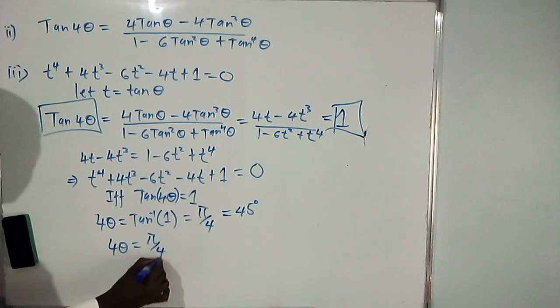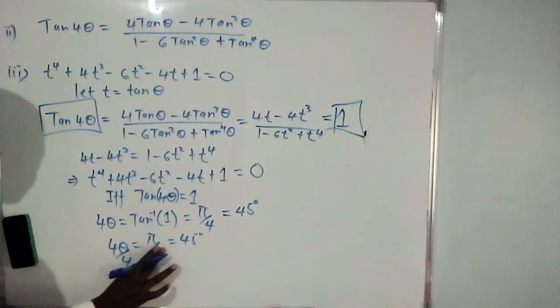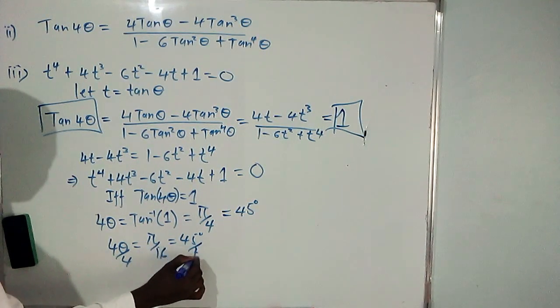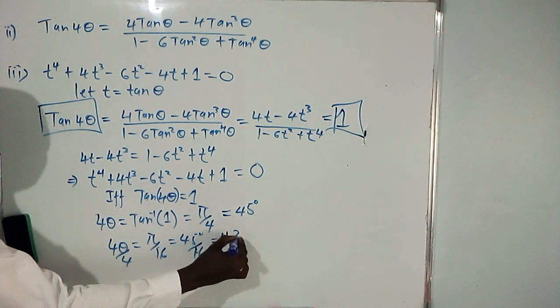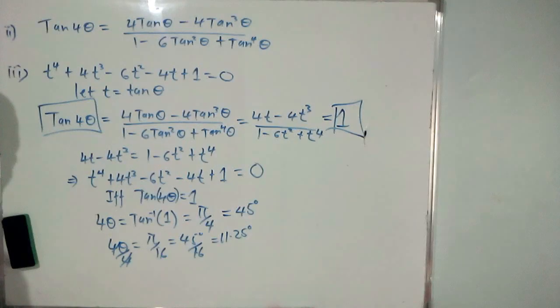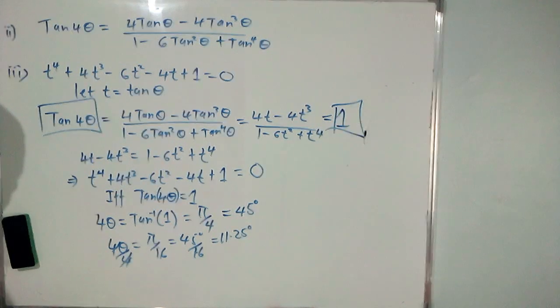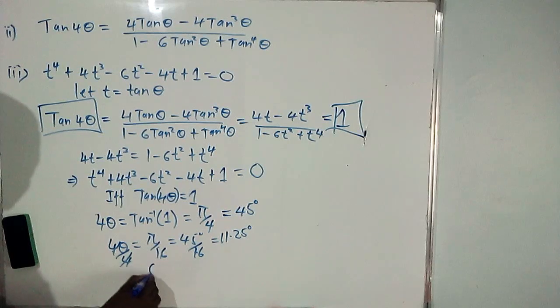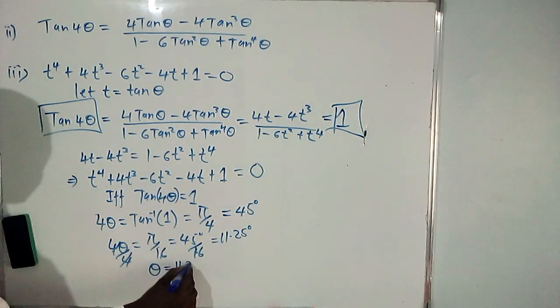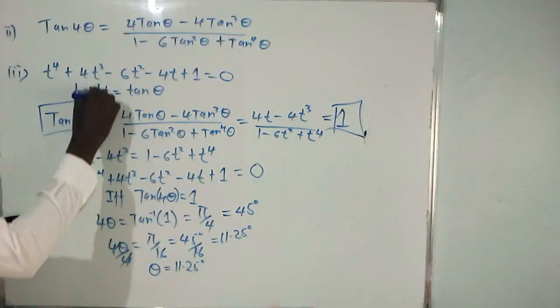You divide both sides by 4, you get theta is pi over 16. After finding theta, you look for t, because t is equals to tan theta, isn't it?